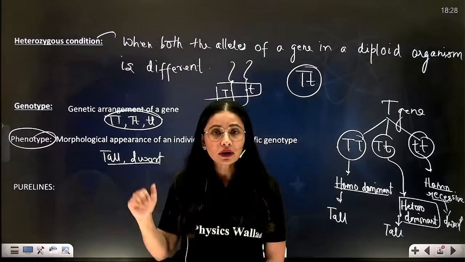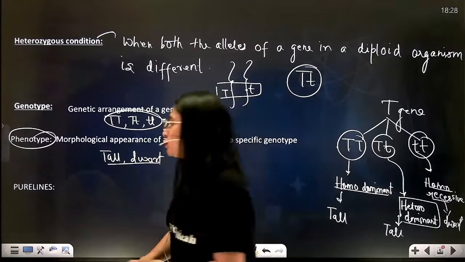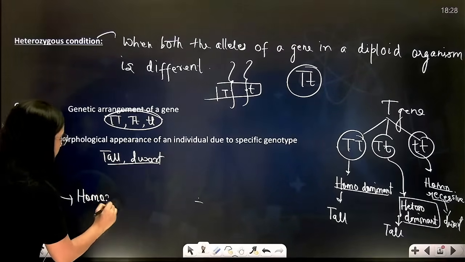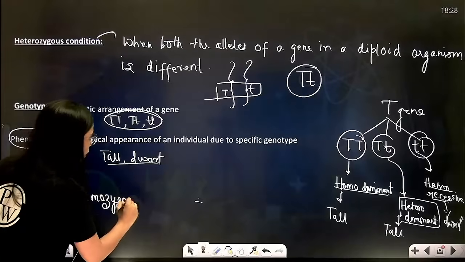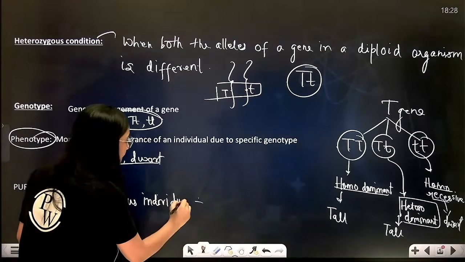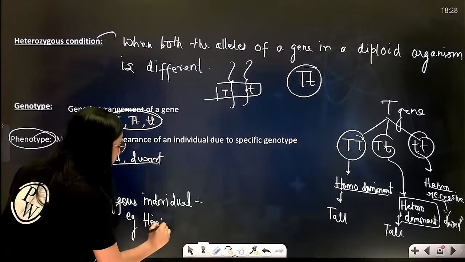So what are pure lines? Pure lines are basically homozygous individuals. Like for example, height is a character.